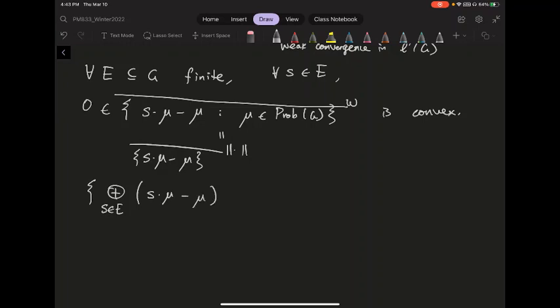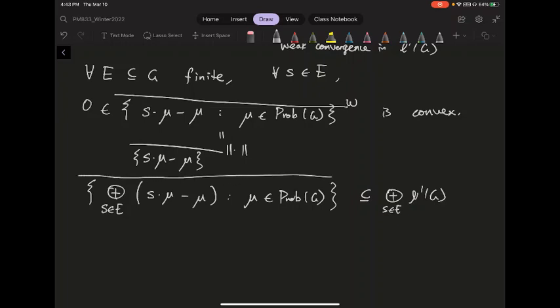You take their direct sum where mu is inside the probability of G, and you realize this as a finite copy inside the L1 of G. You do the same thing: the weak closure is the same as the norm closure, and the 0 is going to be inside there.